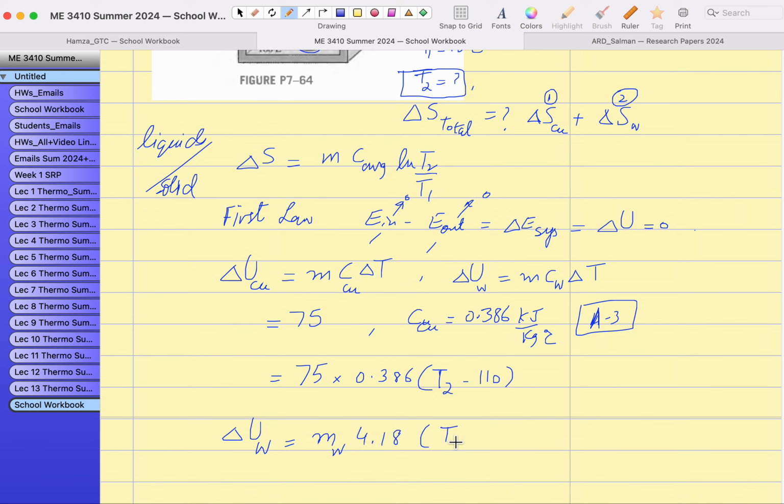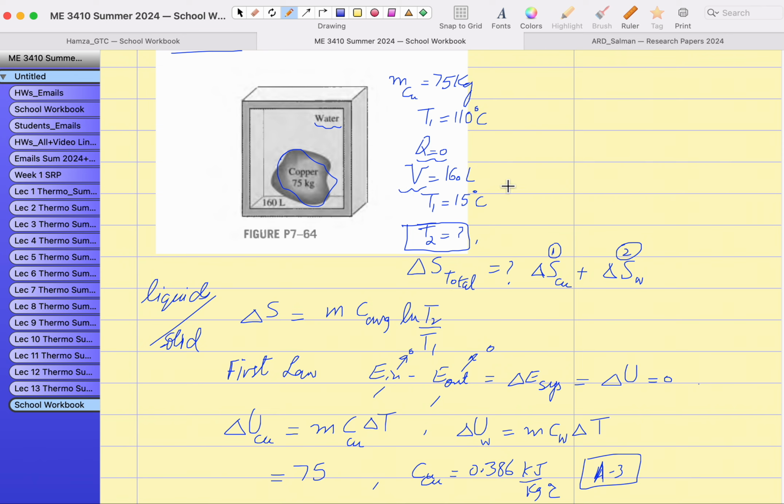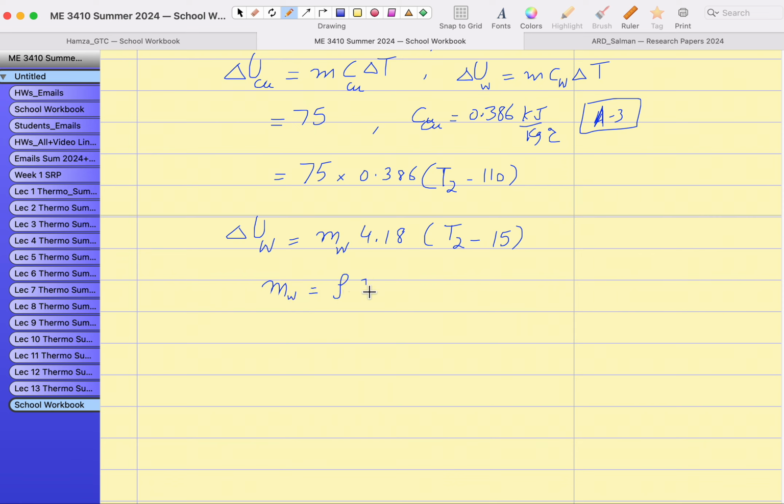So what is m for water? If we know the volume, then the density equals mass per unit volume. So let me write it down: the mass of water is density times the volume of the water tank.